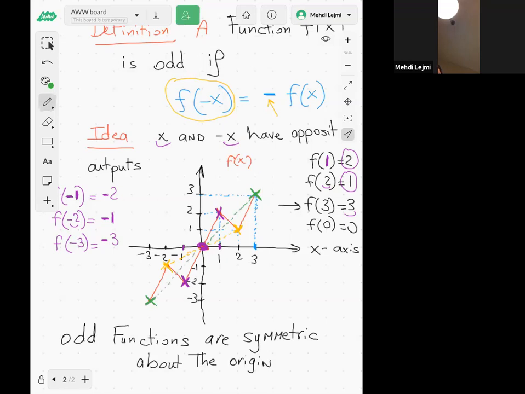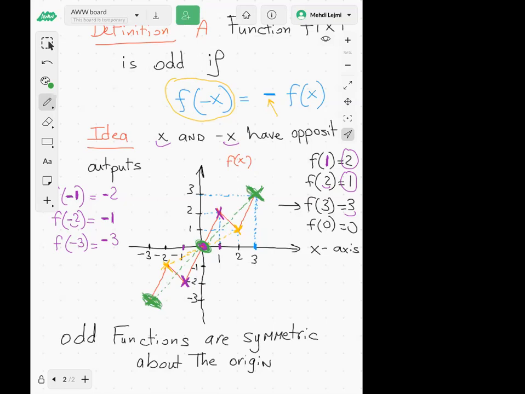So these 2 points are symmetric about the origin, because they have the same distance from the origin. The origin is in the middle of these 2, right?